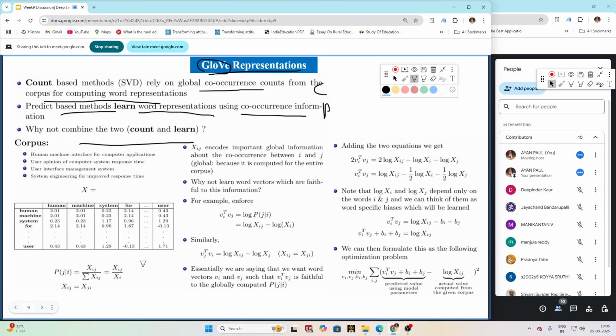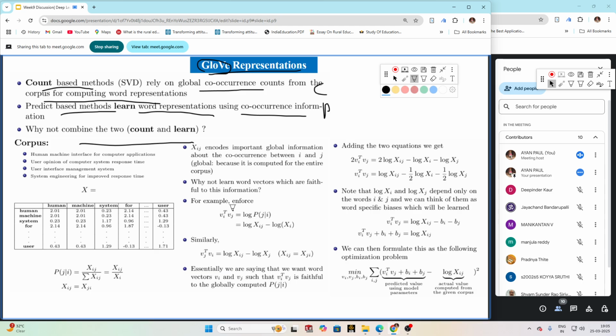So that is your count based method. Now what is the predict based method? The predict based method is, if we give two sets of words, how similar they are. Something like that we find in the predict based method.